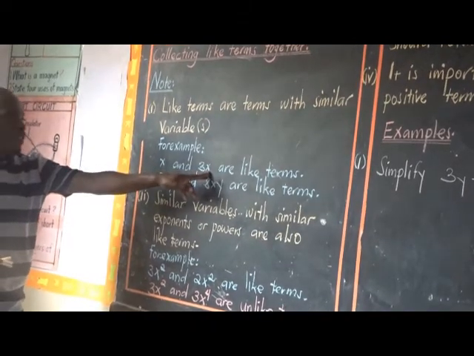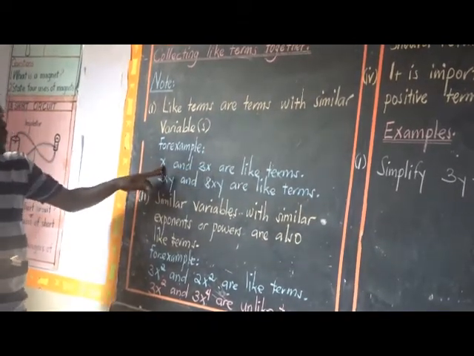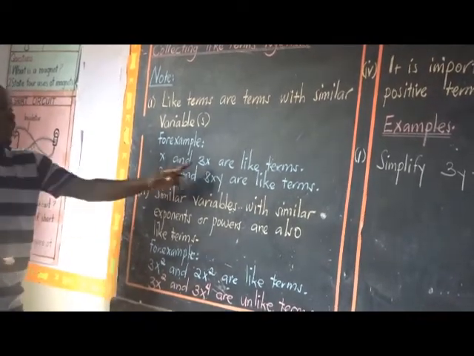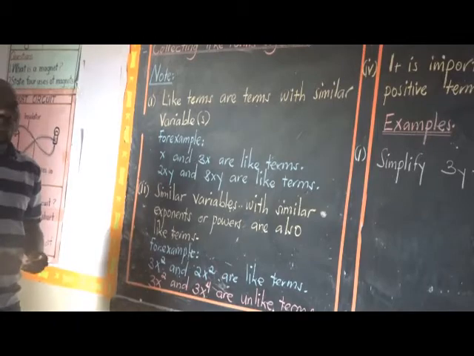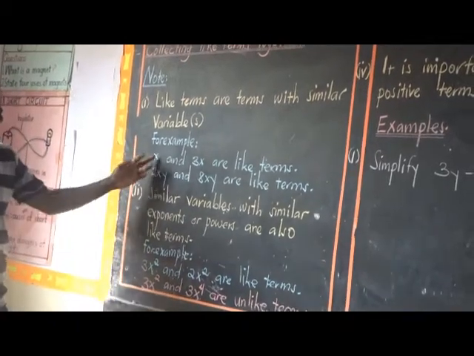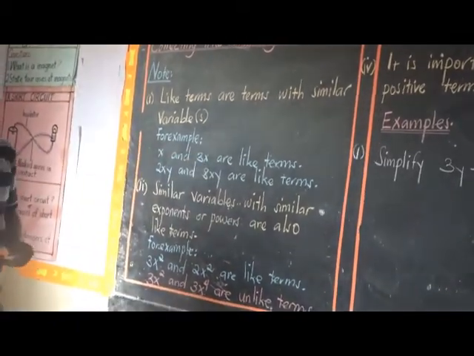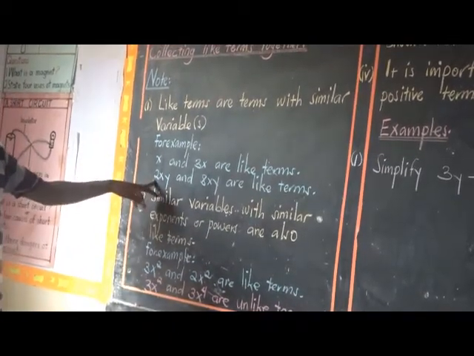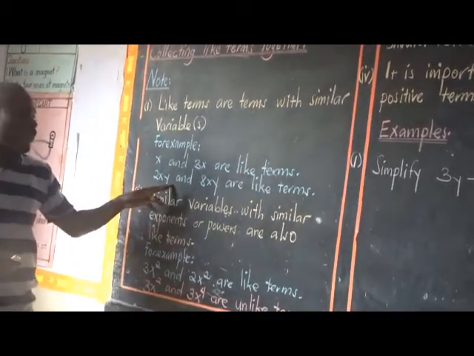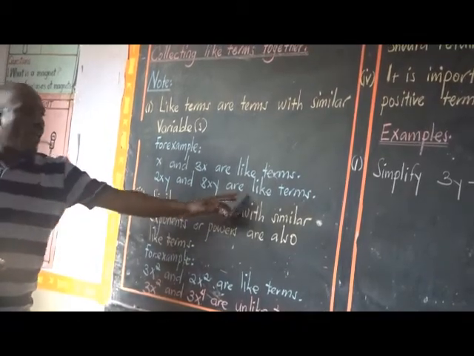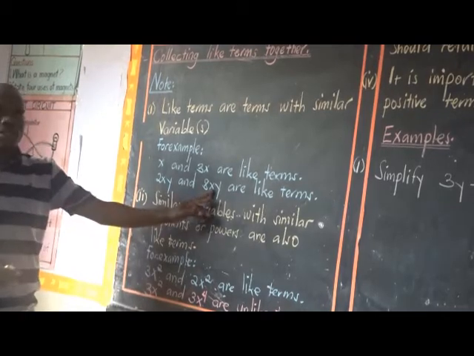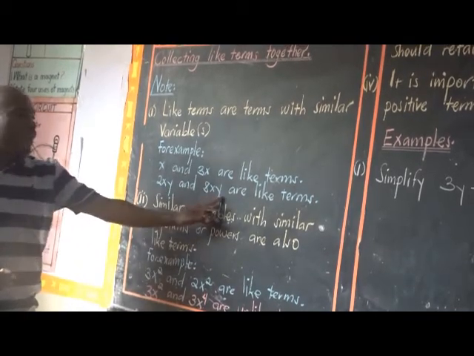Our variable in this case is x. Because this one is x and this one is x, these terms are like, irrespective of whether they have the same coefficient or not, as long as the unknowns are the same. We also say that 2xy and 8xy are also like terms. Why? This is x, and this is x, this is y, and this is y.